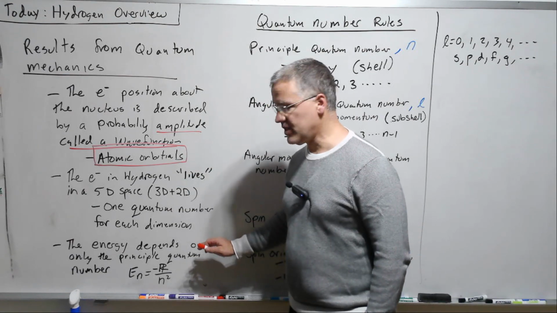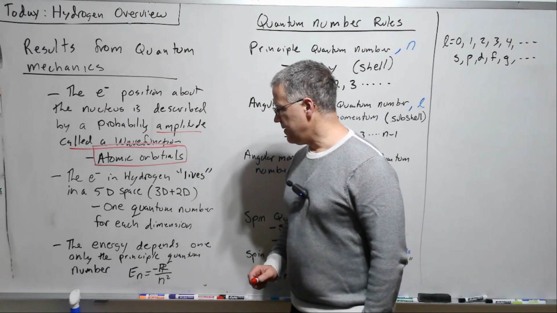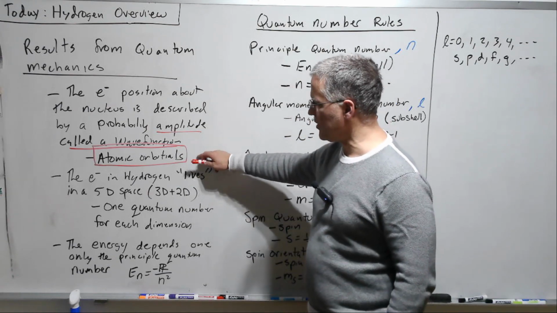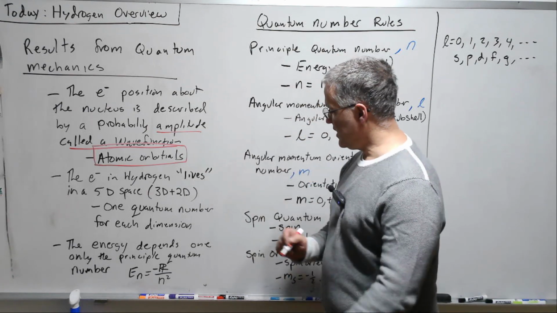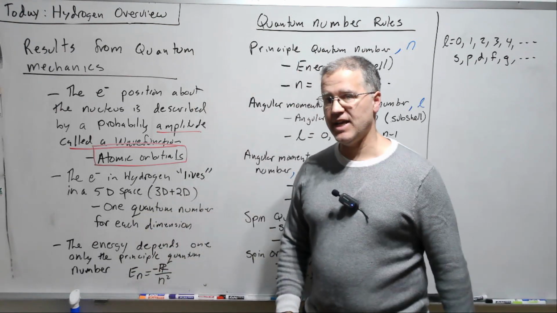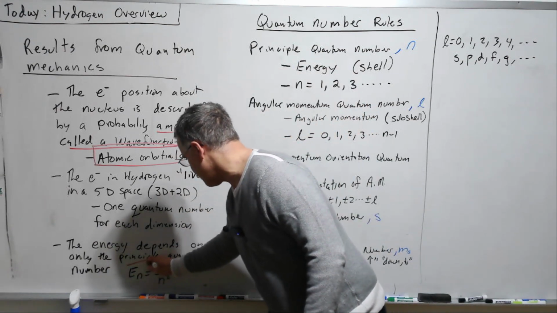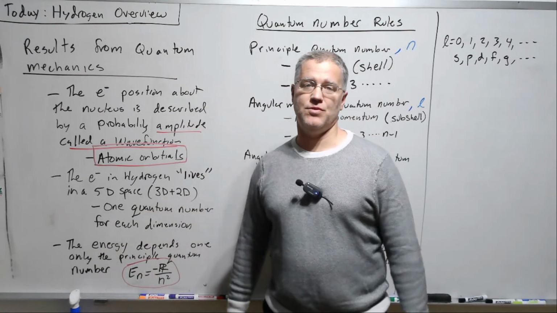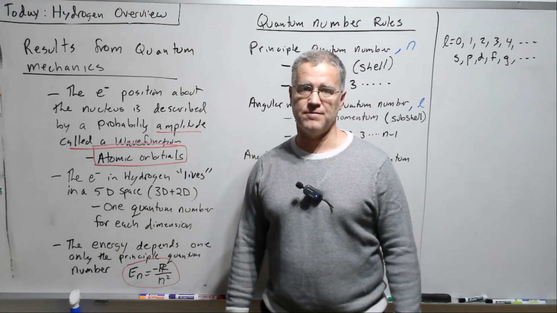And very interestingly, the energy of hydrogen in one of its atomic orbitals is determined only by its principal quantum number. And in fact, this is really interesting. The formula is exactly the same as what it was for the Bohr model.